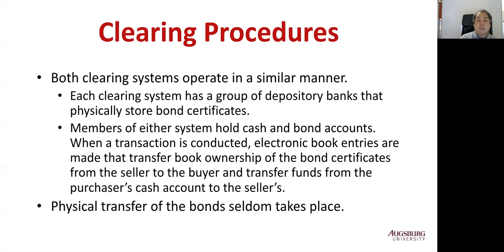When a transaction is made, electronic book entries are made, and basically they change the ownership from the seller to the buyer, and transfer funds from the buyer's cash account to the seller's. So they have a bond account and a cash account, and the clearing system operates these two accounts and basically clears the transaction. Physical transfer of bonds seldom takes place.